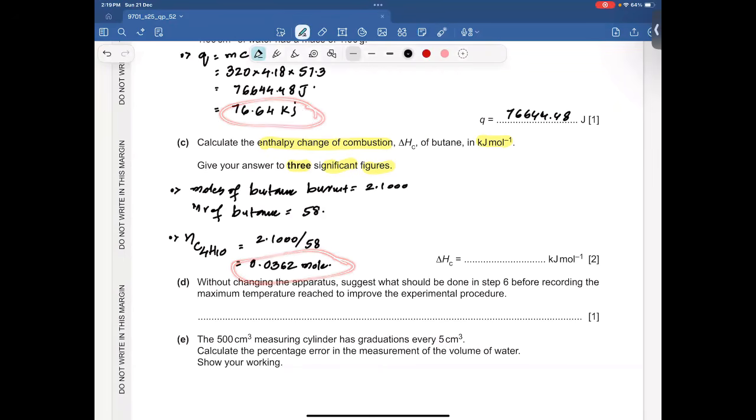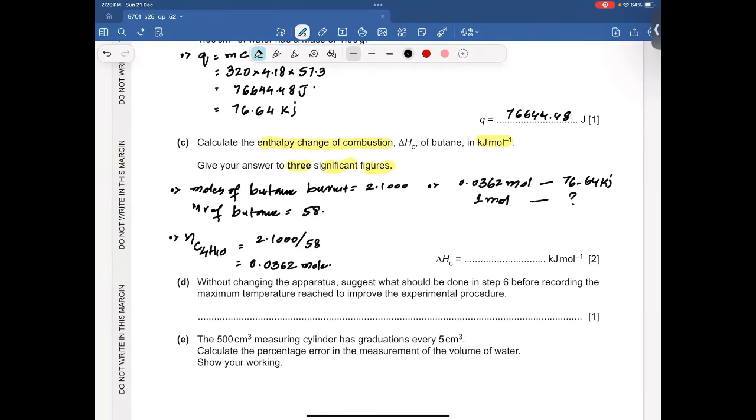So this much moles gives you this much energy. When we use 1 mole, how much energy is released? That's the case of this part. So 0.0362 moles gives you how much energy? 76.64 kilojoules. Combustion is always for 1 mole.